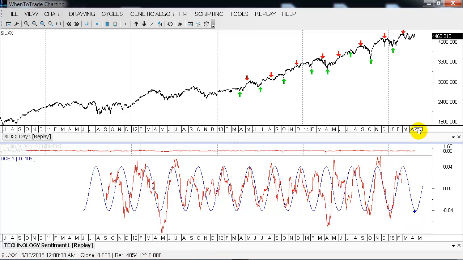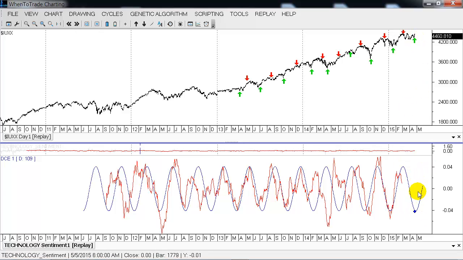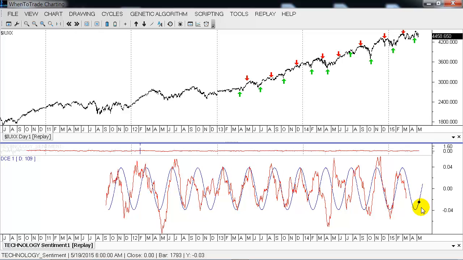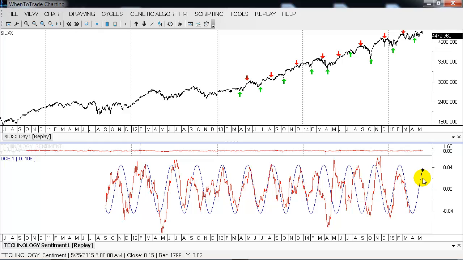Here we are at the end of March, end of April. So this would be the bottoming area at this point in time, where we would expect sentiment to rise or increase. So we will move forward in time, and we see that now we are approaching today, which indicates more or less we are arriving at the top cycle here again.